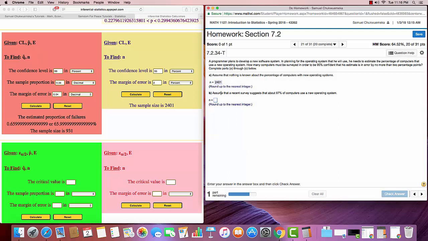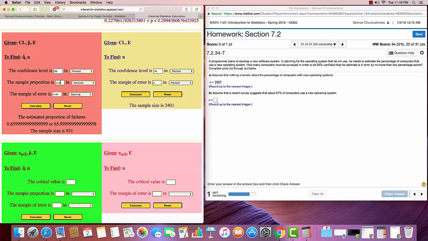B, assume that a recent survey suggests that about 87% of computers use a new operating system. So in this case, I'm going to use this particular one here. Confidence level is 95%.